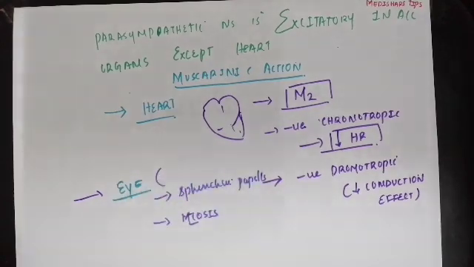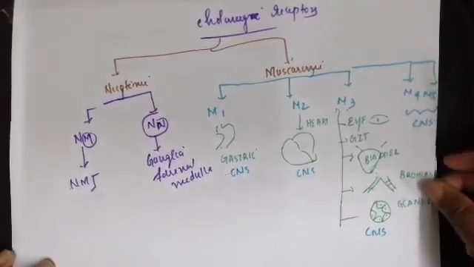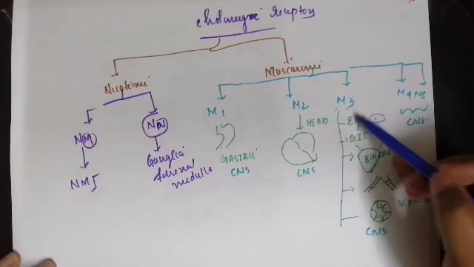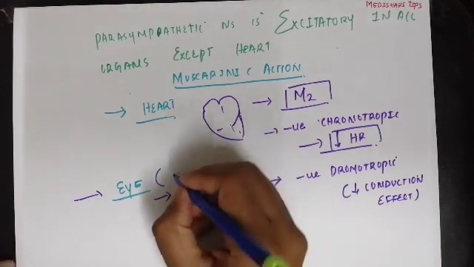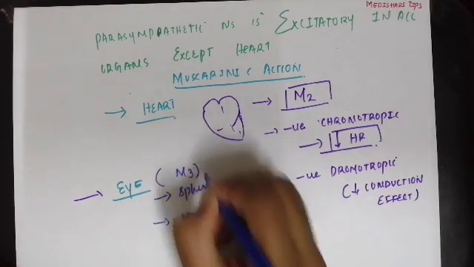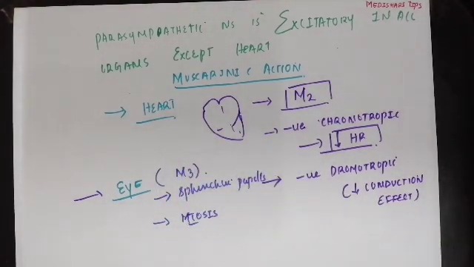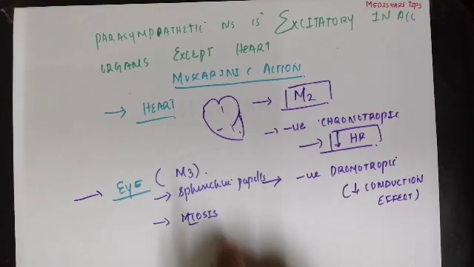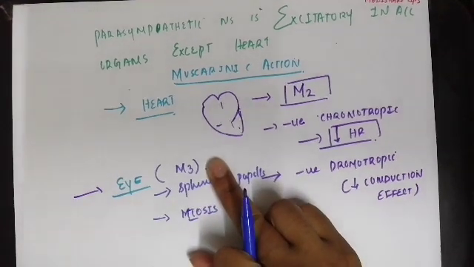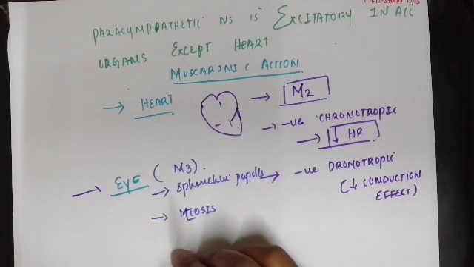Which receptor is present in the eye? We have discussed that the M3 receptor is present in the eye, and it produces pupillary constriction. We have said that in the heart, the cholinergics have an inhibitory effect in the sense that they decrease the heart rate.